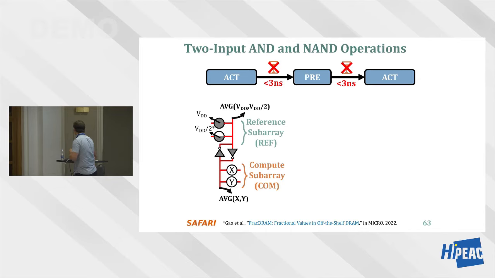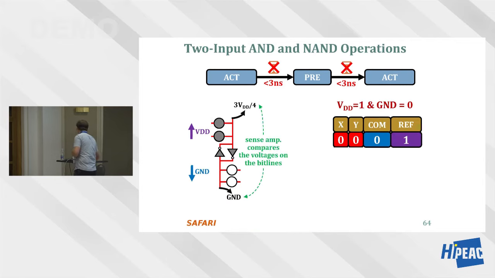Now what will happen is at the top I'll get the average of VDD and VDD over 2, which is 3 VDD over 4. And at the bottom I'll get the average of X and Y. Now it all depends on what X and Y are. The result of the function that I get in the reference and the compute are going to be the comparison of 3 VDD over 4 over here with the average of X and Y.